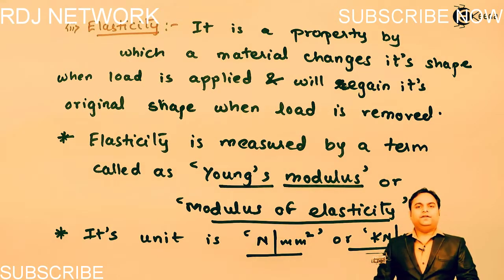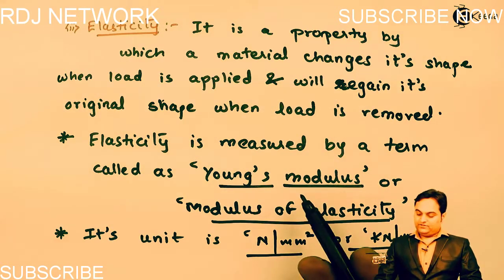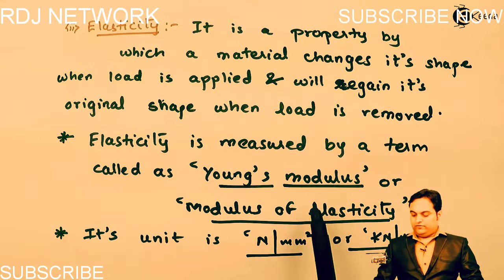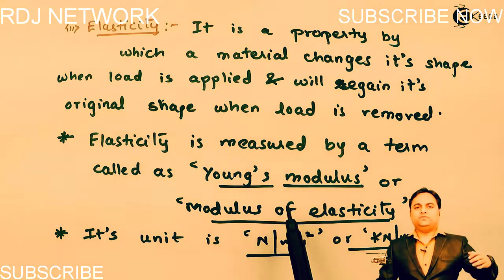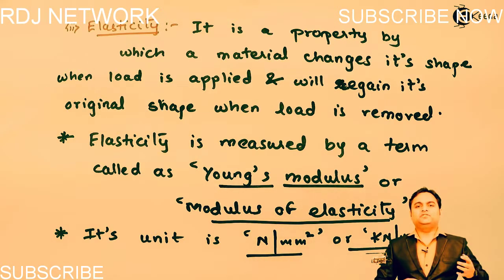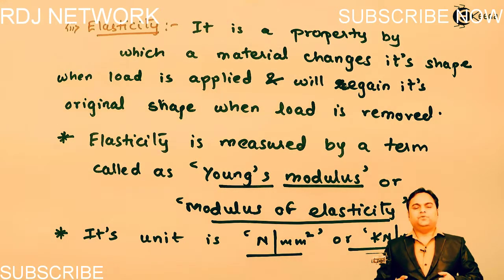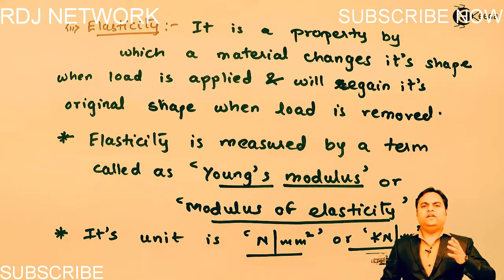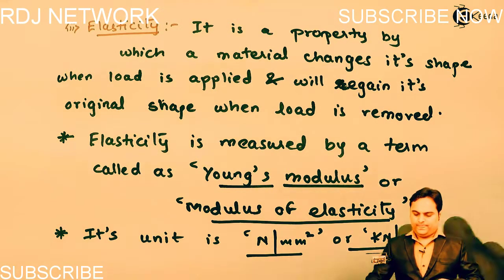So this was regarding elasticity. Young's modulus decides how much elastic a material is. For example, if Young's modulus is very high, it means the material is very elastic. If Young's modulus value is less, it means that material will behave in a less elastic manner.